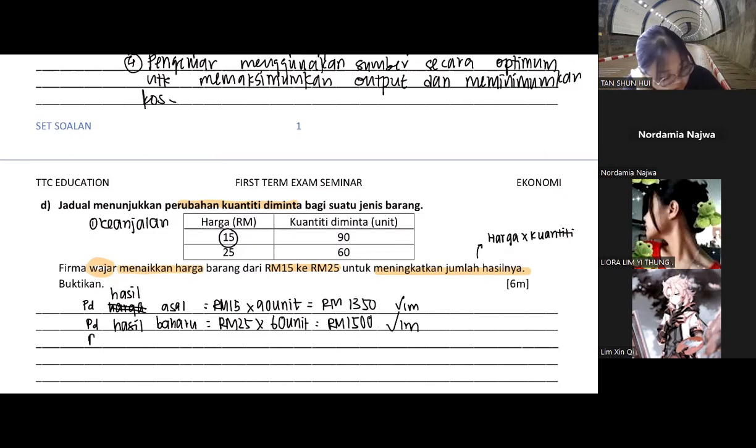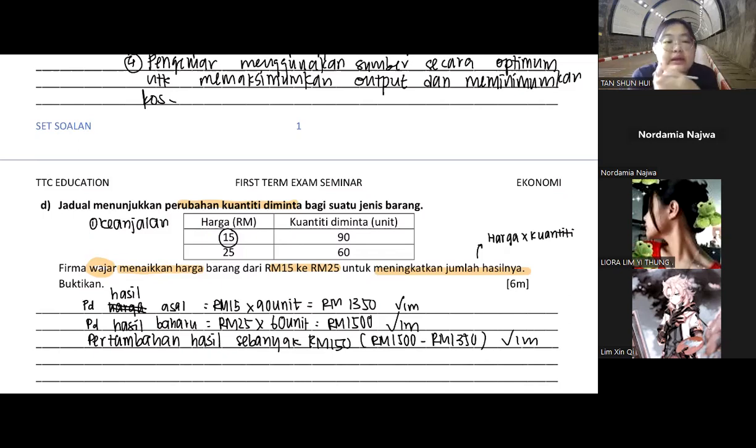So you can say we have a pertambahan hasil. How much? Sebanyak 1500 minus 1350, you get 150, right? You can also put brackets and write 1500 minus 1350. 1 mark.